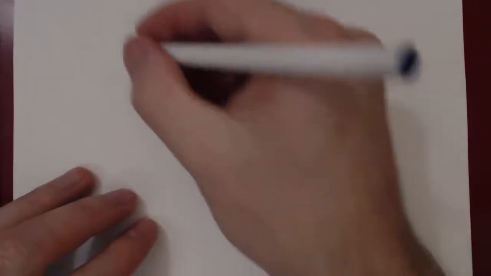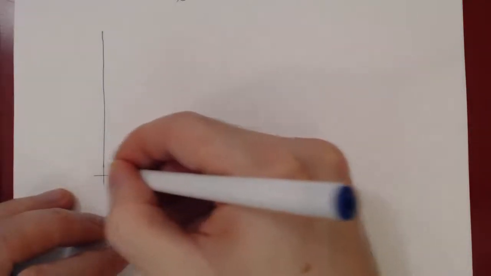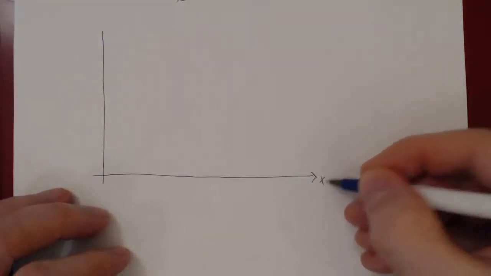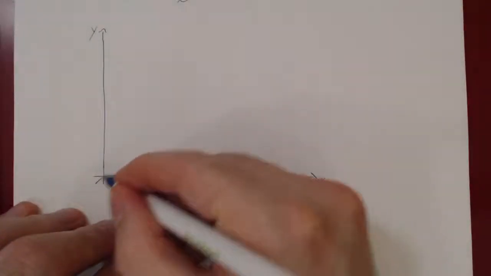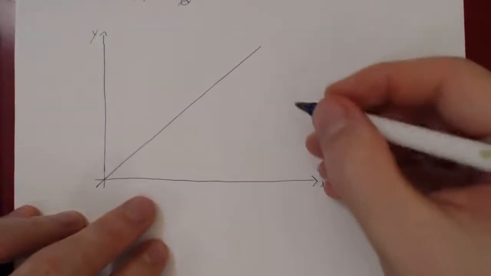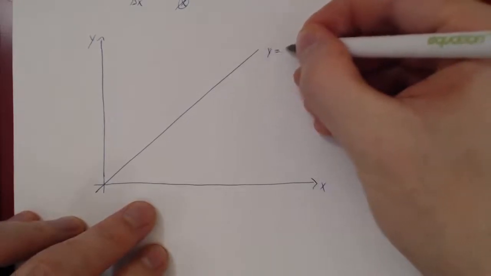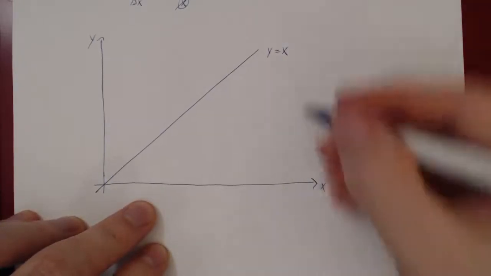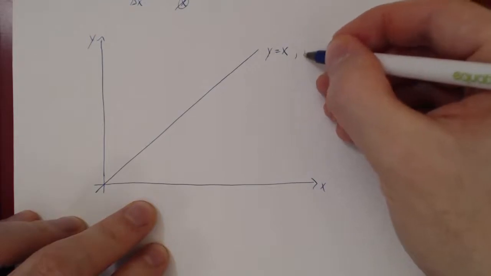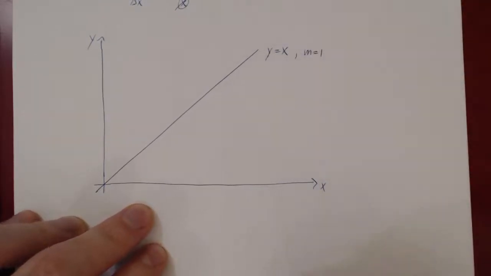So again, let's draw the xy plane. Take the first line, y equals x. So here the multiple of x is 1, so the slope is equal to 1.